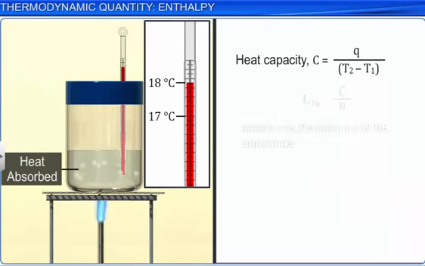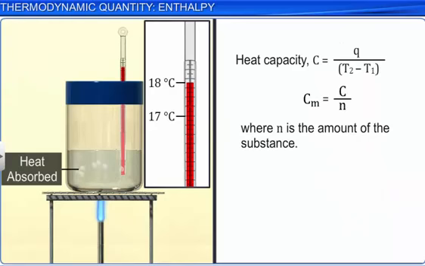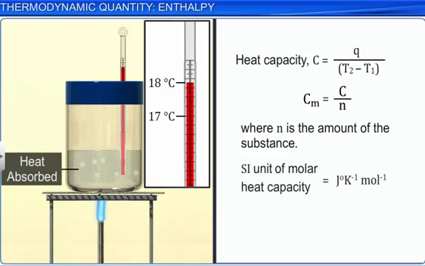The molar heat capacity of a substance is defined as the quantity of heat needed to raise the temperature of 1 mole of substance through 1 degree Celsius or 1 Kelvin. The SI unit of molar heat capacity is Joule per degree Kelvin per mole.